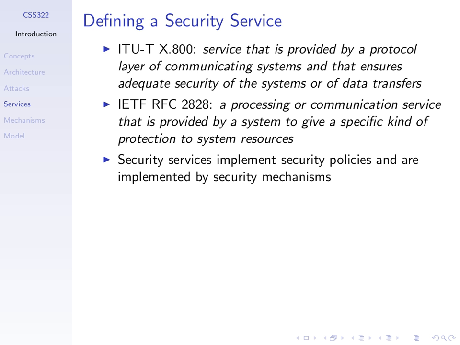And we'll see one mechanism that implements that security service is encryption. So we'll see that at the top, organisations or individuals have policies, how they want to be secure. We implement them with different services. We will list those services. And those services are implemented by different mechanisms. And we'll go through and list those mechanisms. And in fact, we'll spend most of this course talking about the different mechanisms.